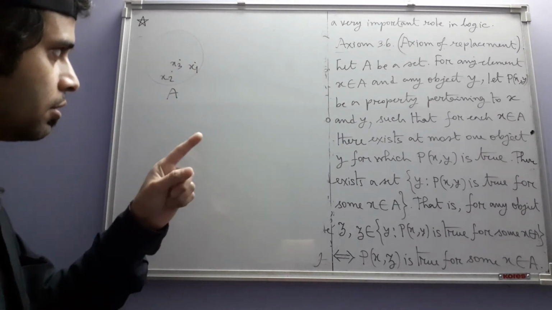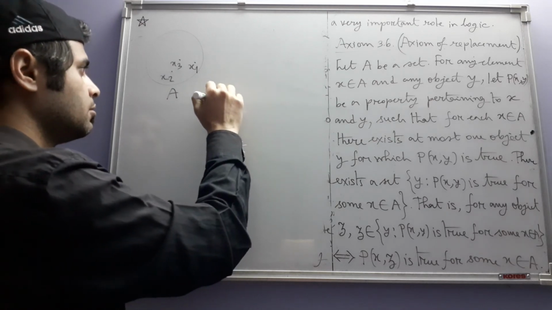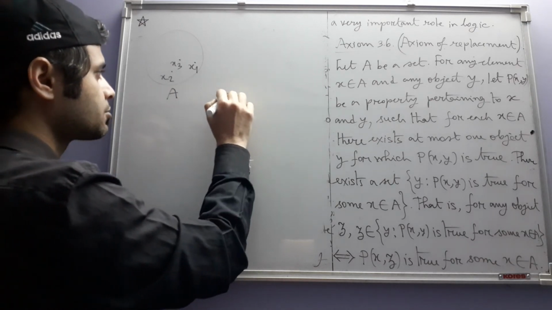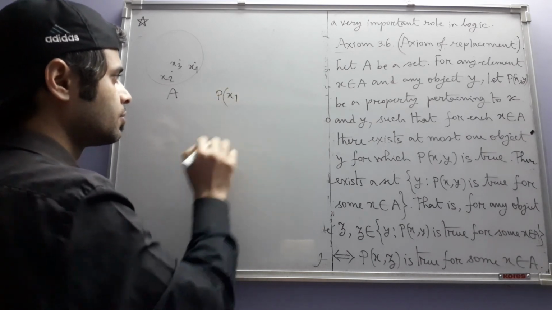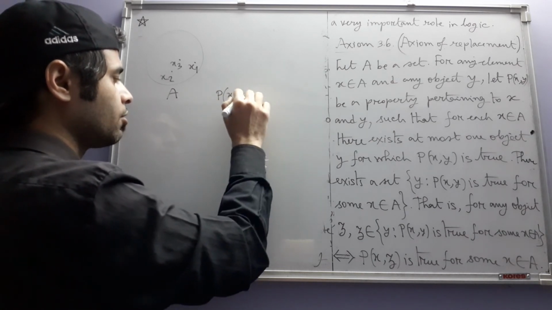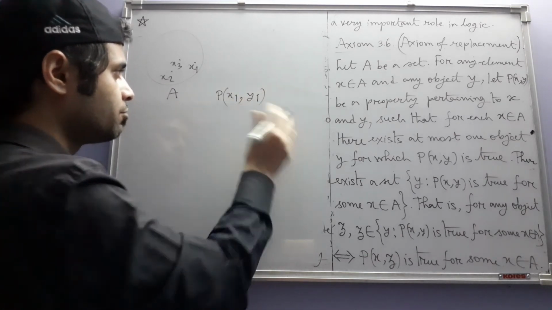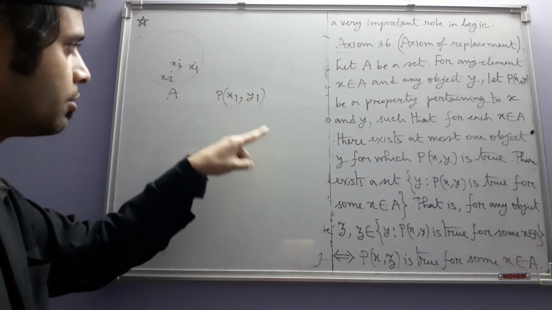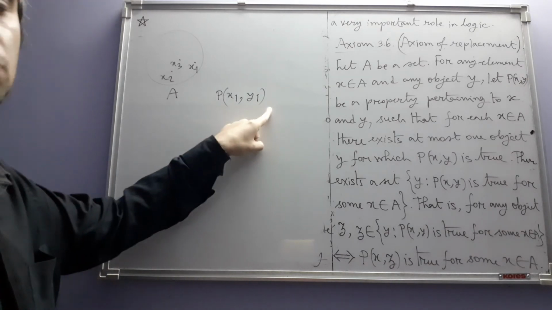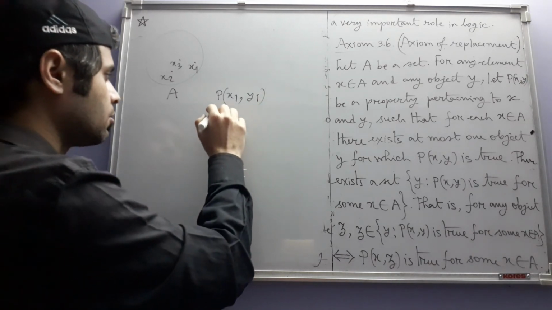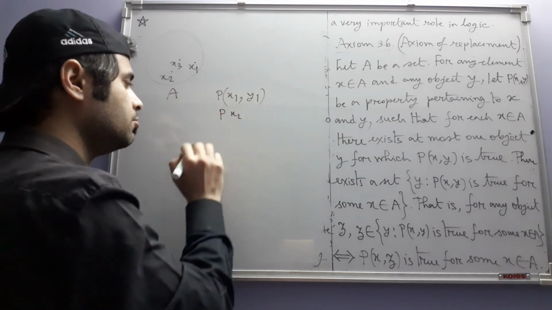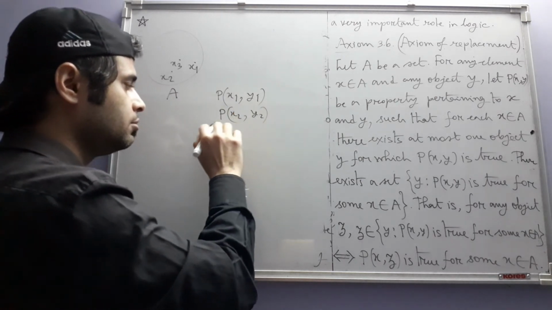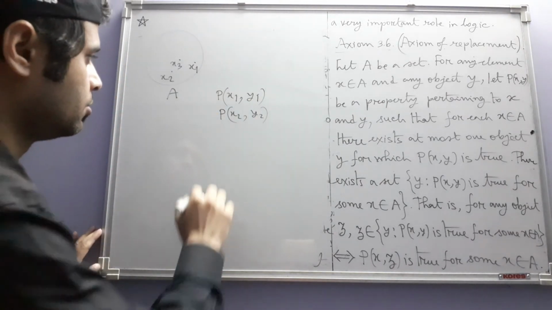Now, there is a property P such that if I choose x1, then there is an object y1 for which this property is true, and y1 is the only object for which this is true. Also, for x2, I have a unique object y2, such that this statement is true.